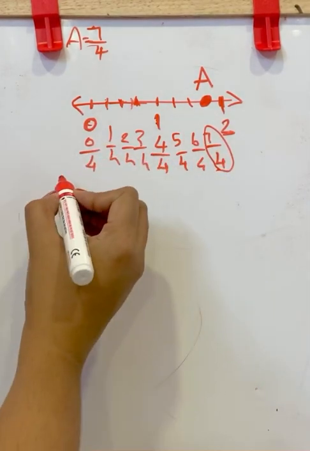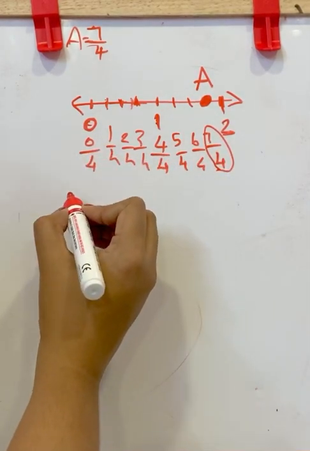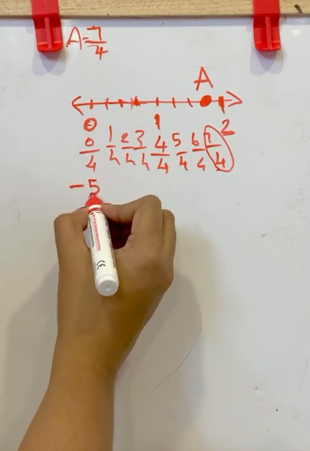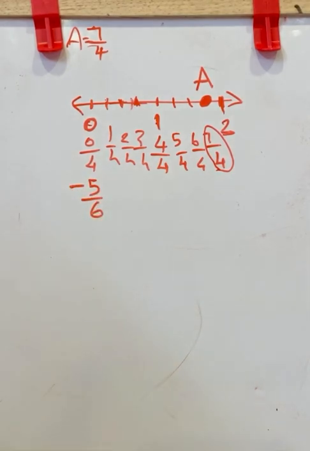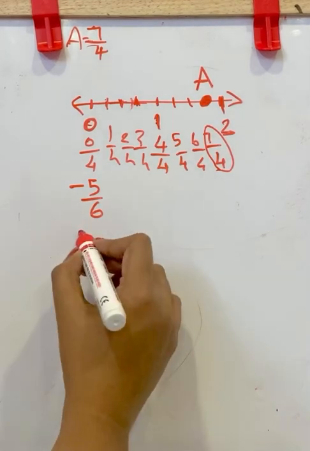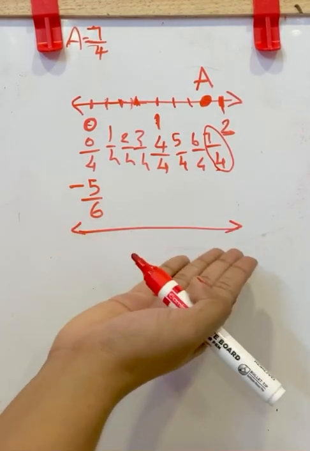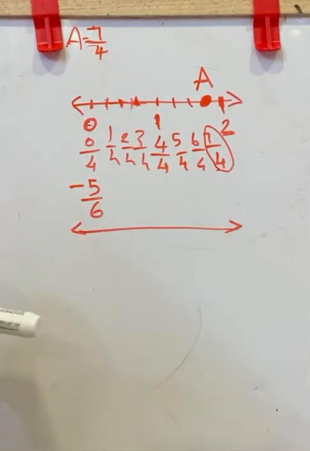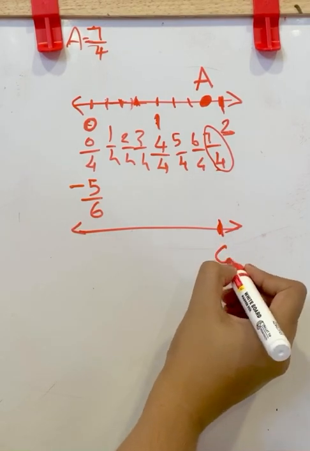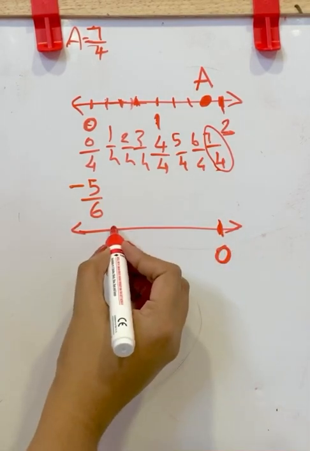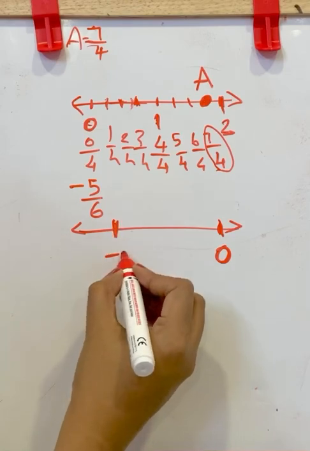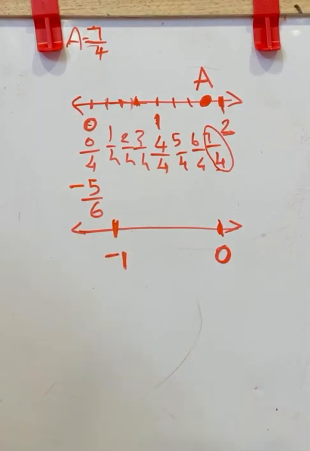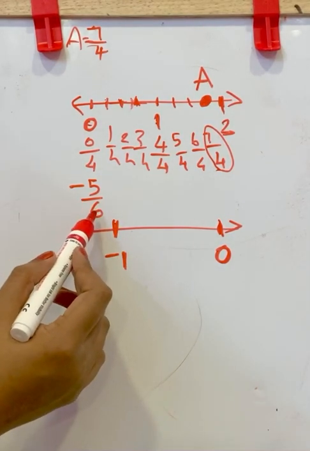Now next question, that is negative 5 by 6. We have the question negative. So in a number line, negative numbers are to the left side of 0. So we will mark 0 here. Now we will mark negative 1 here. And check the denominator, it is 6.